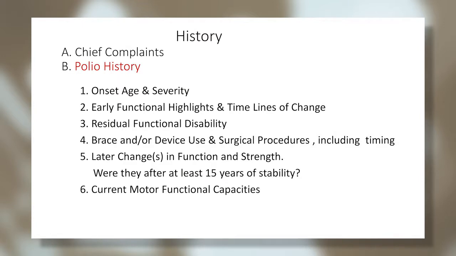Then another, fifth component we could call later changes in their function. This is the history now of what's changed in recent years that will give you some insight as to whether they may have post-polio syndrome or what may be contributing to their chief complaint of pain or weakness or fatigue.